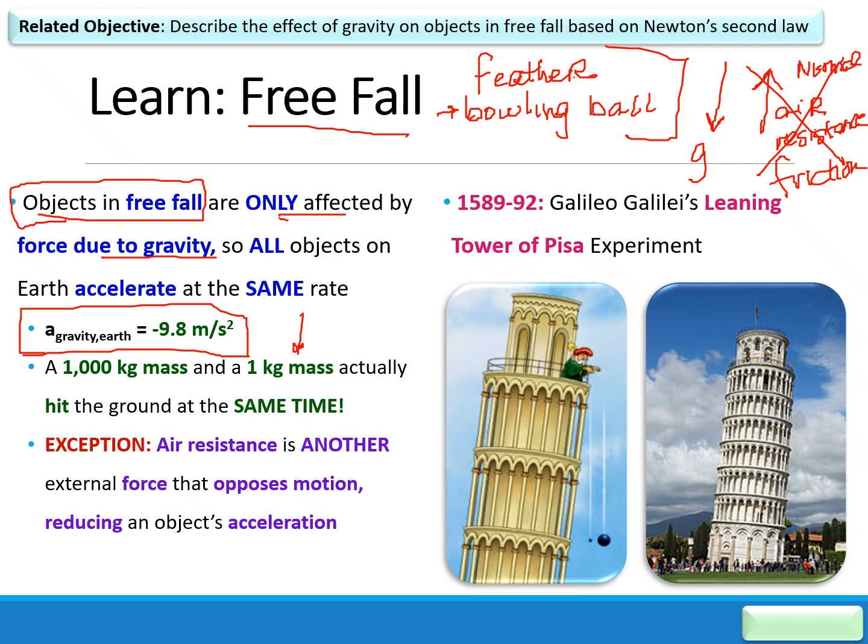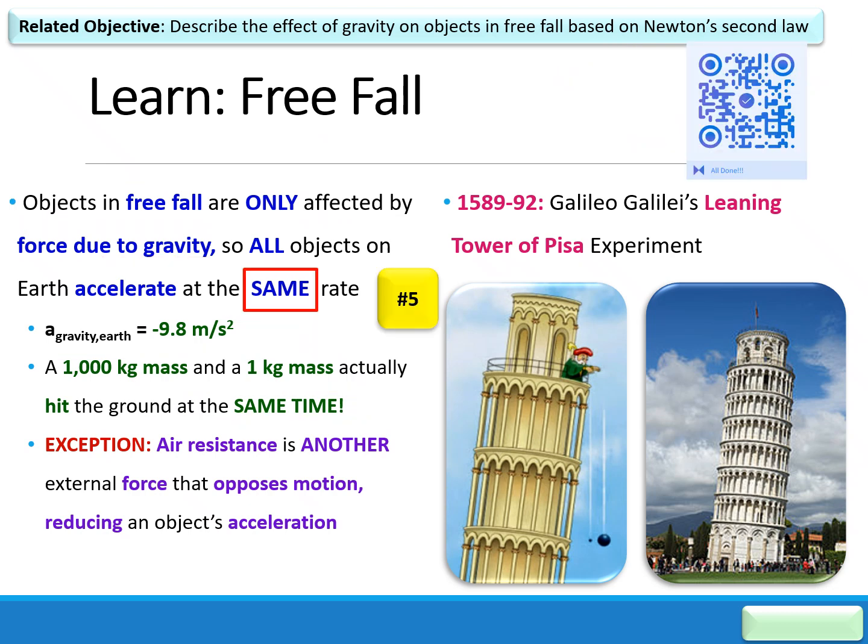And so they are all going to accelerate at the exact same time. So it doesn't matter if it's a 1,000 kilogram mass or a 1 kilogram mass. It doesn't matter if they are round and shiny and smooth or if they have little wispy parts. They are going to all hit the ground at the exact same time because there's no opposing force to gravity. And that is what free fall is.